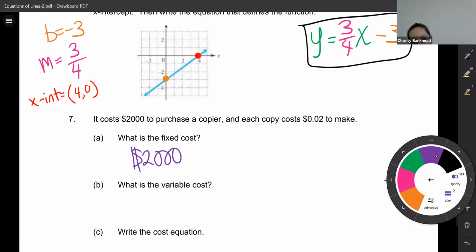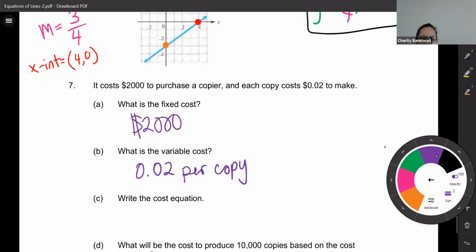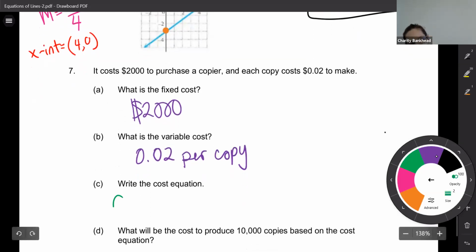Variable cost is 2 cents per copy. So the cost equation, C equals 0.02x plus 2,000.